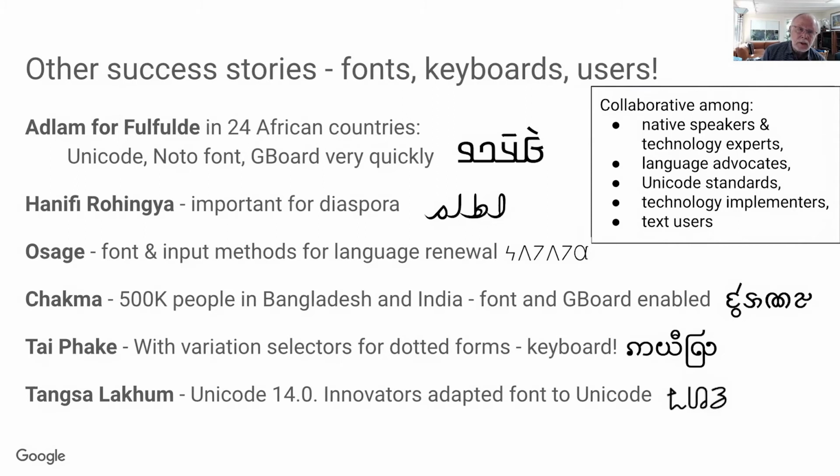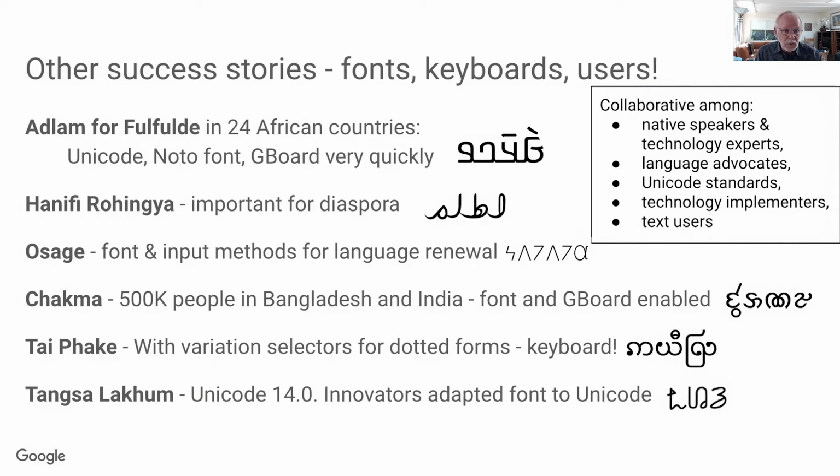Hanifi Rohingya is a more recently added script. It's important, especially because the Rohingya people are widely dispersed now, and their script is now available on modern mobile devices. The Osage tribe in Oklahoma is also using fonts and input methods for its language renewal.